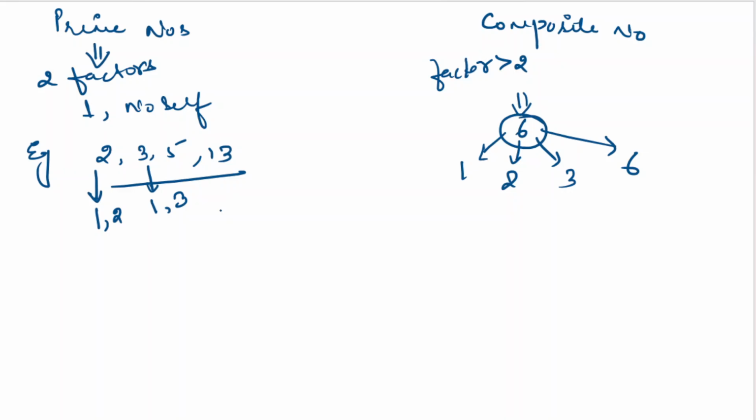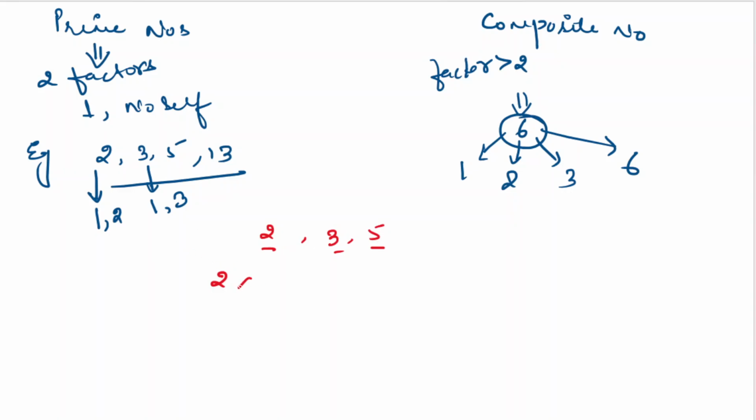Now suppose we have an example. If we take a combination of prime numbers, like 2, 3, 5, and take them in permutation and combination form, you can take them in groups of 2, groups of 3, or any number of times.